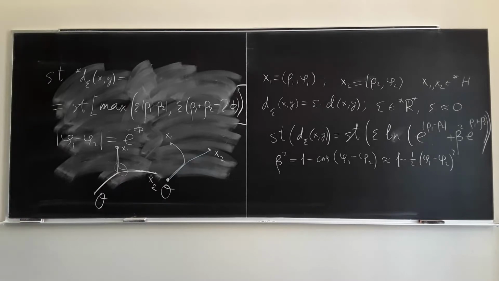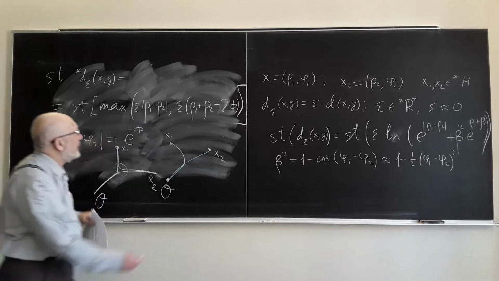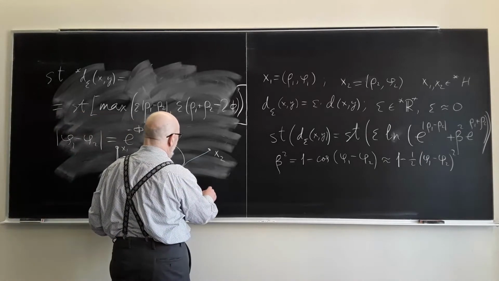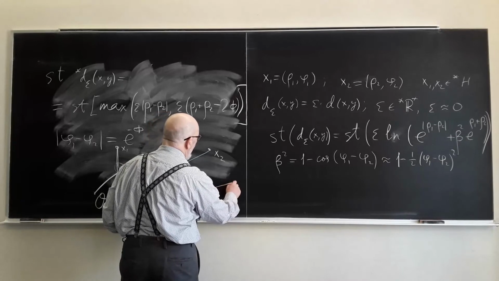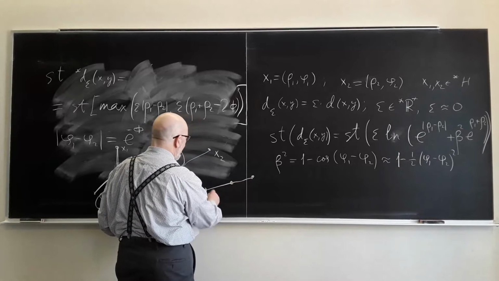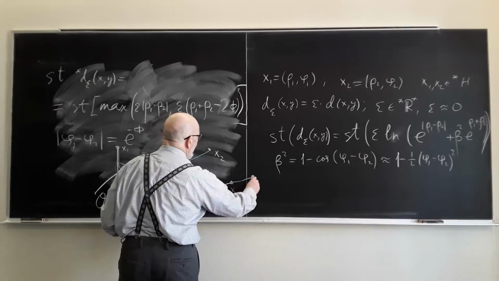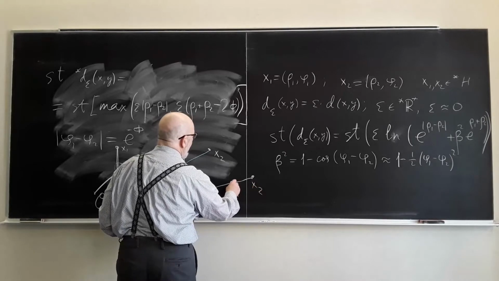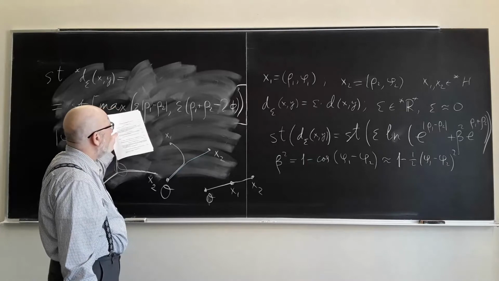So this first term becomes maximal if these 2 points, x1 and x2, are more or less on the same line. So it is O, it is x1, it is x2. Then the distance is simply epsilon times (rho 1 minus rho 2).